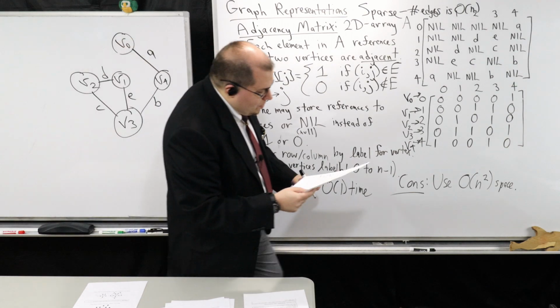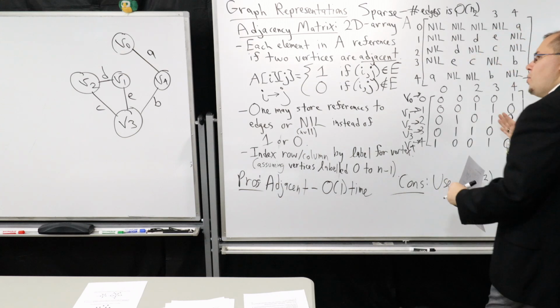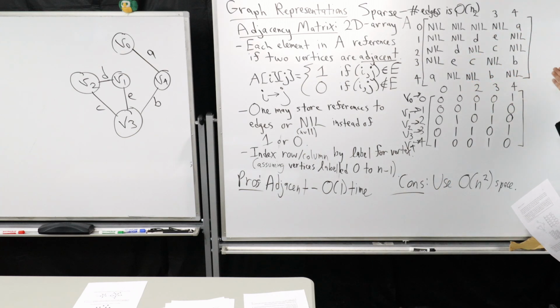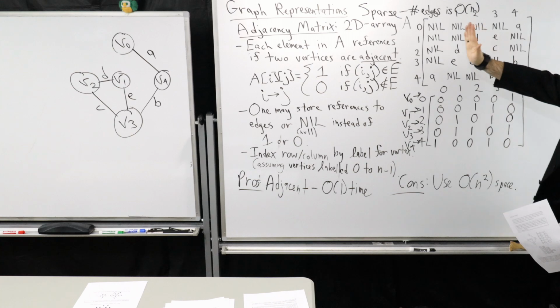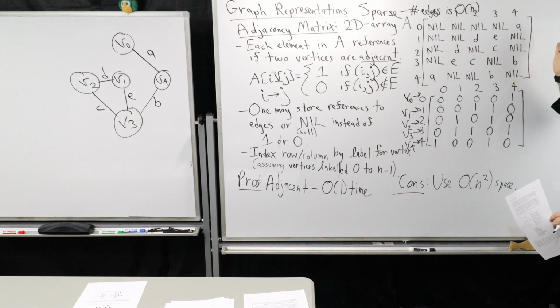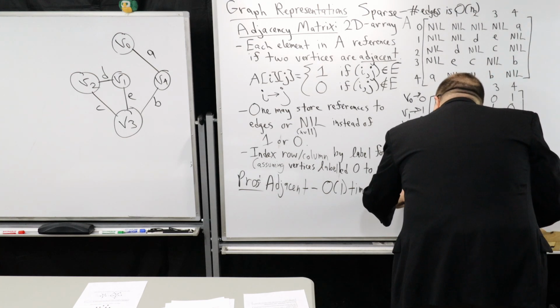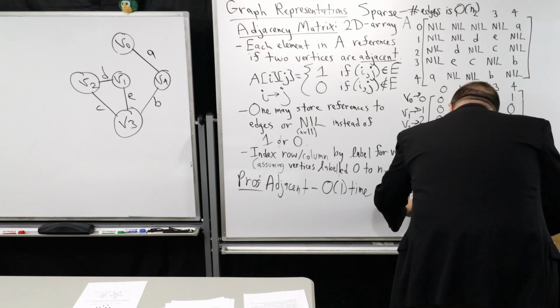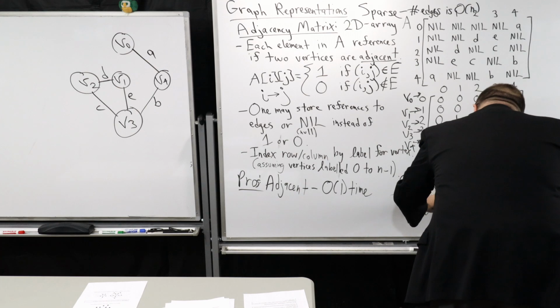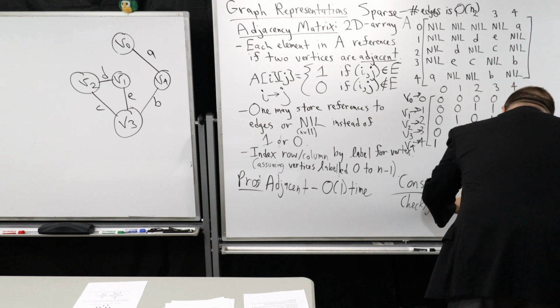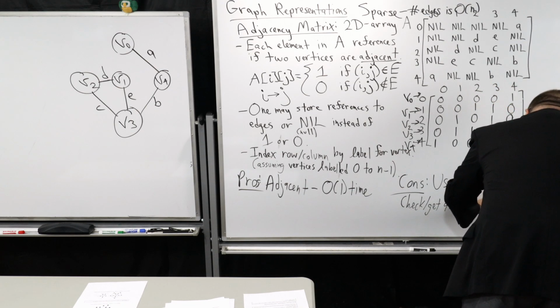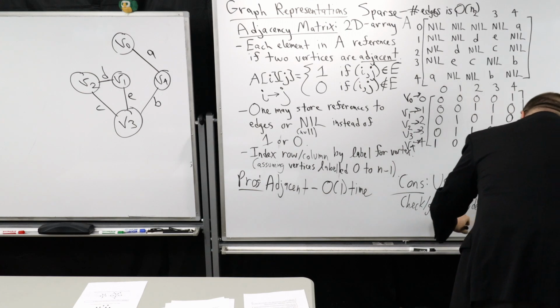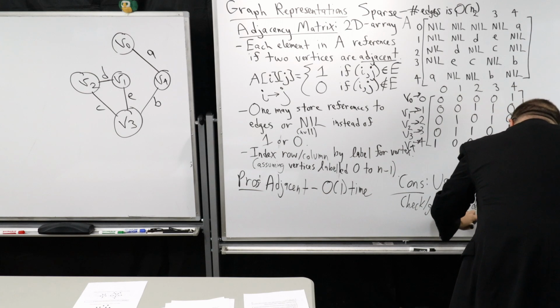Another con that I want to point out is if, for example, I want to know all of the edges that are incident on a vertex, that requires me scanning all of the columns for a given row. So if I want to get all incident edges, this takes big O of n time.